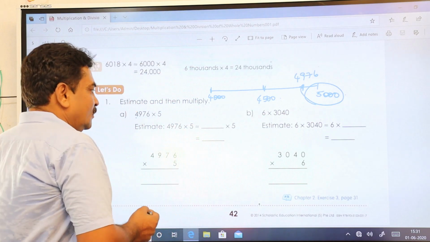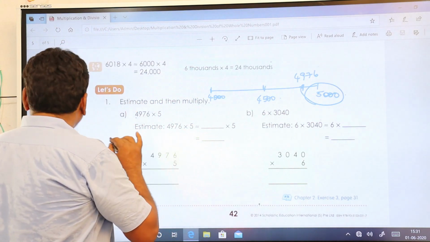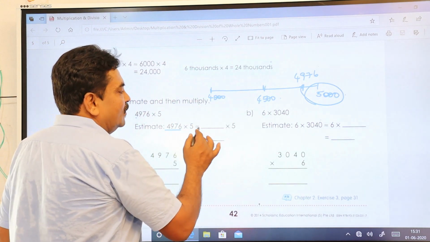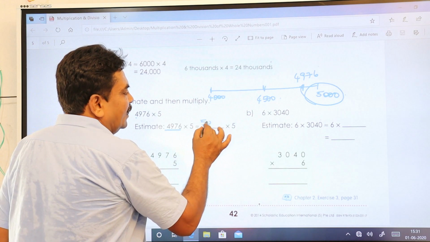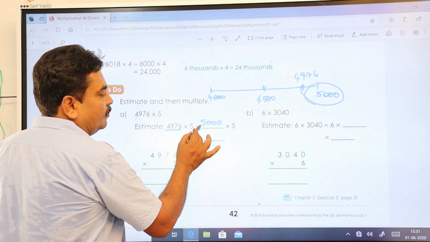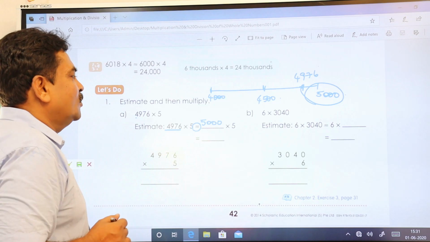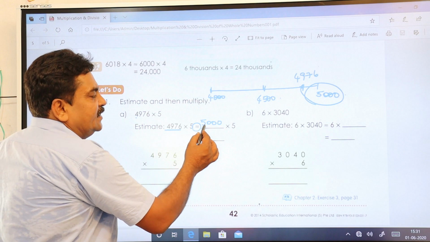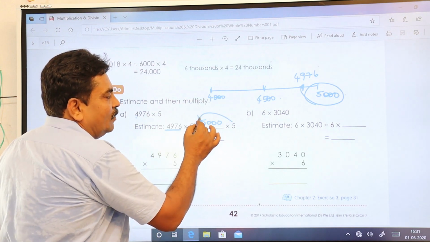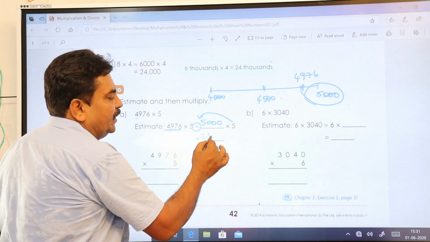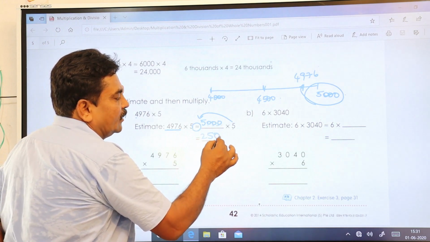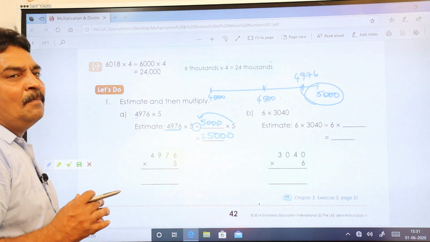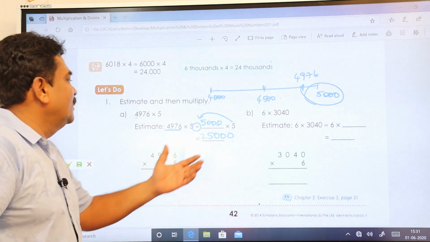So you take 5000 instead of 4976, the approximate value. Because the symbol given is approximate, we get approximately 5000 into 5. Here 3 zeros are there. You just multiply the two numbers. 5 5s are 25, and you keep 3 zeros here. It becomes 25,000. So 25,000 is the right approximate number.